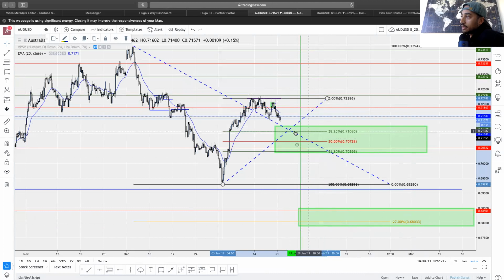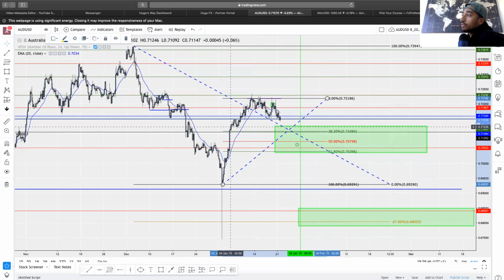If I see price get into this 38.2 at this weekly, I may close out my trade, or I may just let it rock and move my stop loss. I'll have to see how quickly this is moving to the downside. I'm playing both sides because I don't know if this will continue to the upside, if this is just a pullback, or if this is the actual structure where it will continue to the downside.